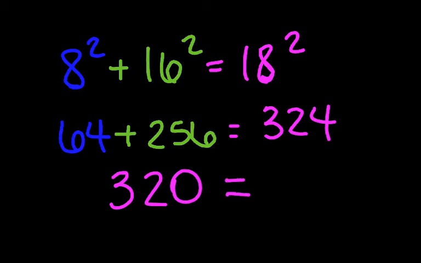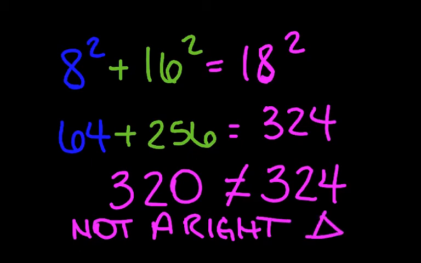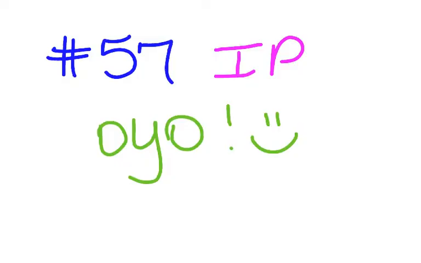So as you can see, 320 does not equal 324. Therefore, this is not a right triangle. All right, go ahead and flip it over to number 57 on the independent practice. OYO means on your own.